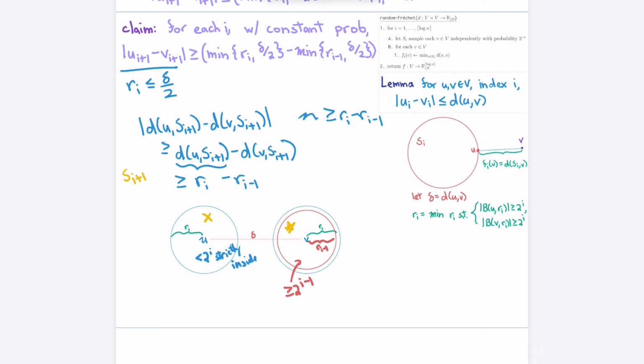So Si plus 1 is going to, this is where P is equal to 1 over 2 to the I plus 1. So we expect to sample, like an expectation, how many do we expect to sample from this set? Every point of sample is probability 1 over 2 to the I plus 1, like half, right?